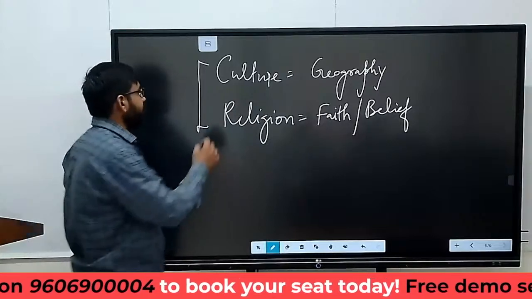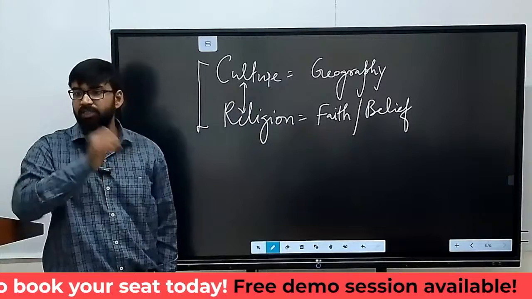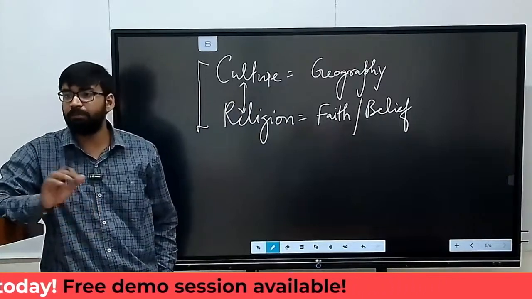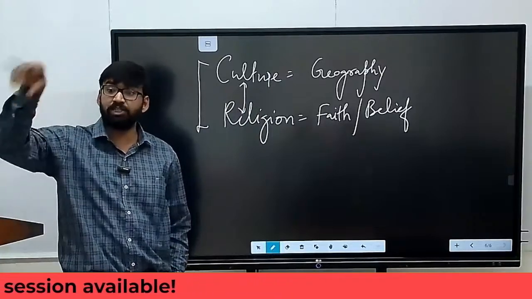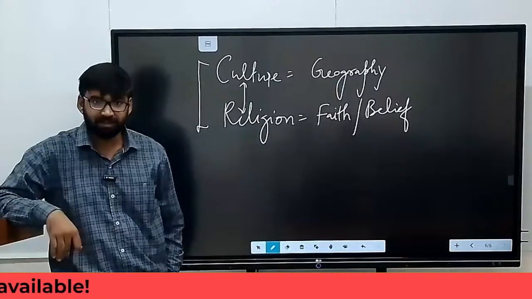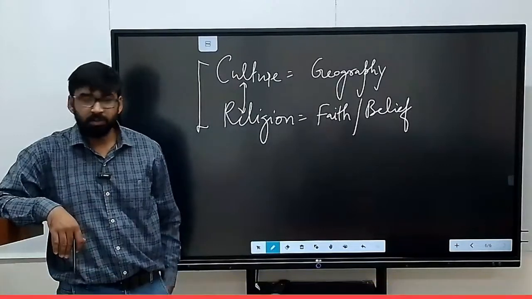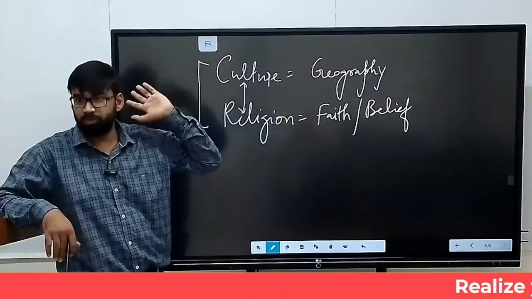Because today people have integrated culture with religion. This is the main conflict. That is why religion got corrupted. One is trying to impose its religion and its culture on the other. That becomes a conflict. Religion is based on faith and belief. Culture is based upon geography.